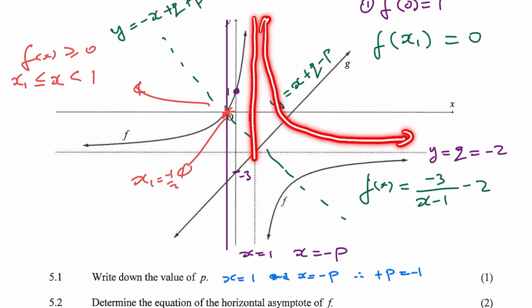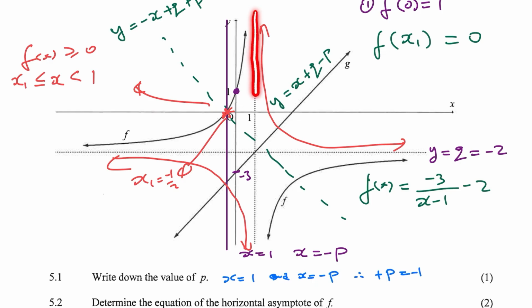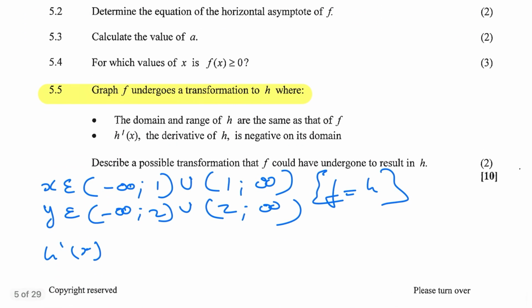It had to reflect at x equal to 1, and you have a new one like that. So we have this and that. So what's going on is for f to transform to h, they have to reflect at x equal to 1. Right.